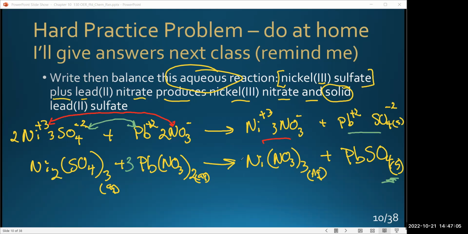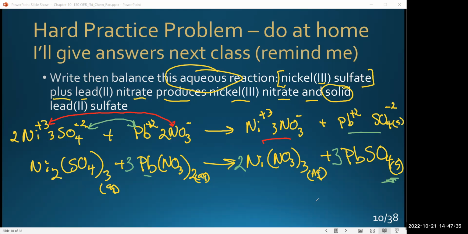And if I put a 2 in front of nickel nitrate, now I've got 6 nitrates on the product side. So the nitrates are taken care of. Now focus on the metals for those nitrates. The lead got kicked up to 3 because we added a 3 in front of lead nitrate. No problem. Go to the product side and put a 3 in front of lead sulfate.